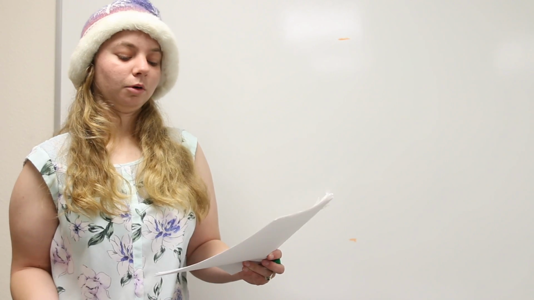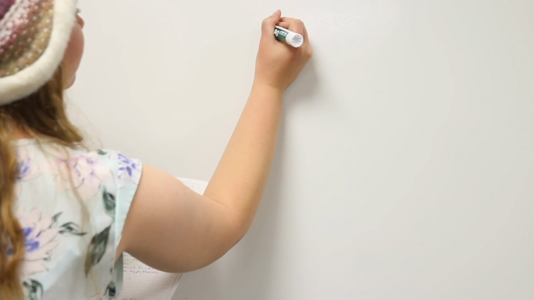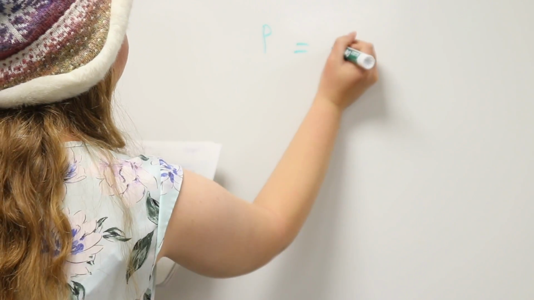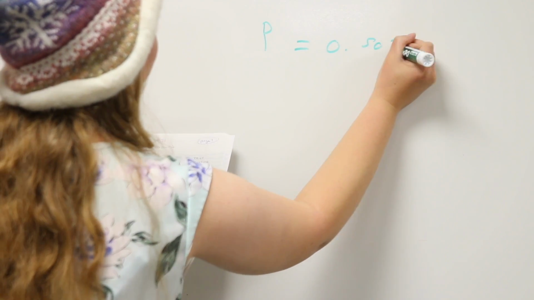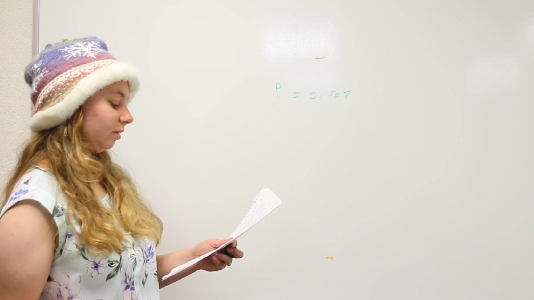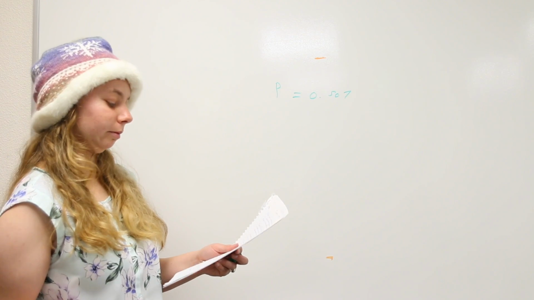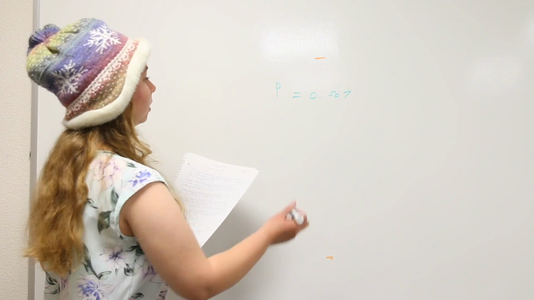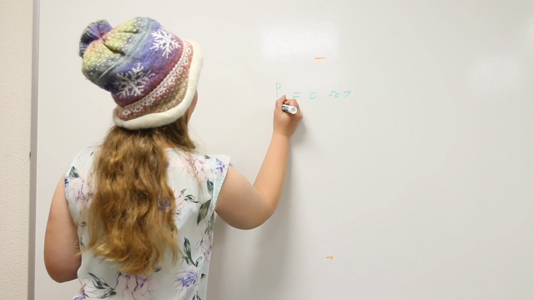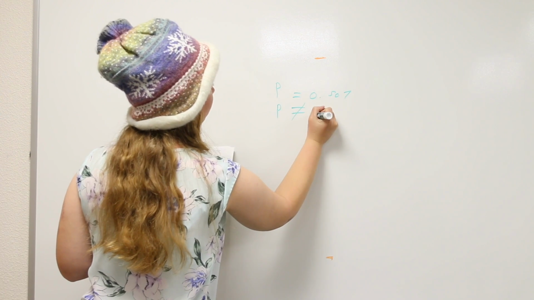Then we give that in symbolic form, which is p equals 0.507. Then for step 2, we give the symbolic form that must be true when the original claim is false, which for us would be p does not equal 0.507.